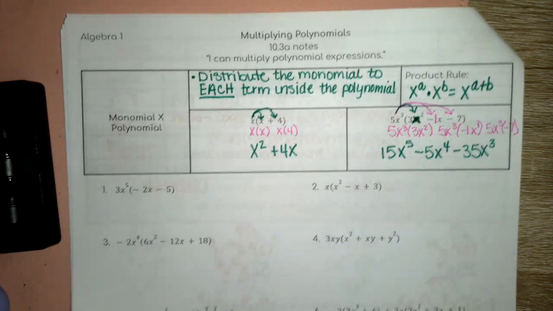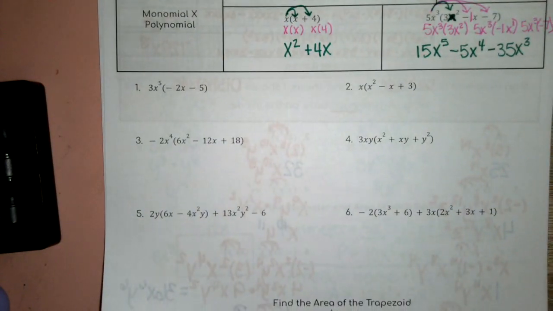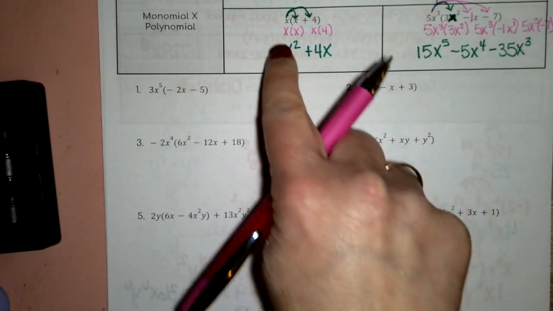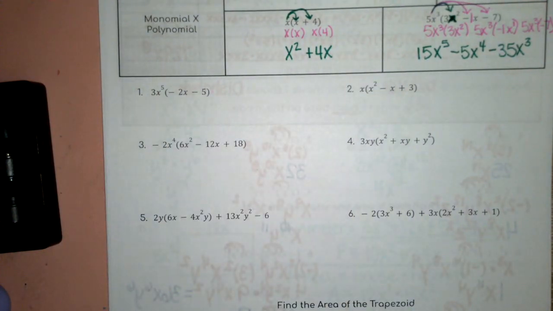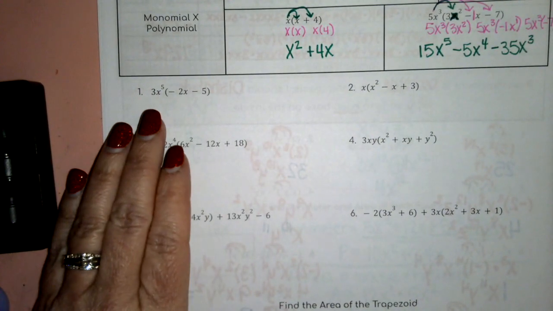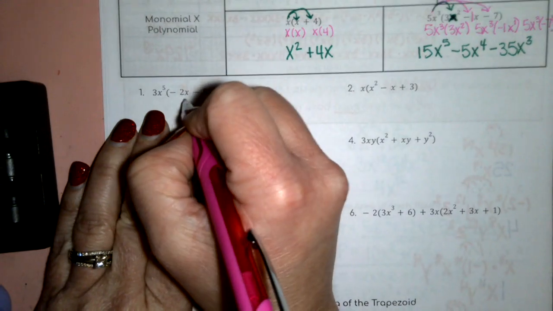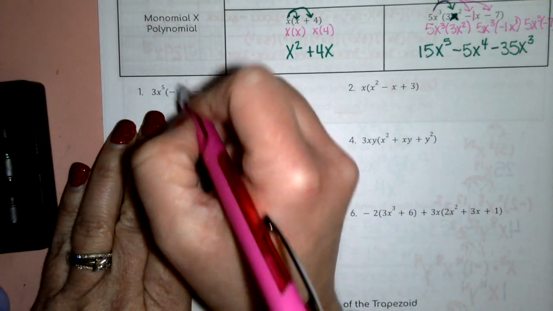Let's go ahead and look at the first problem here. And instead of writing out all of this pink stuff, I'm just going to draw my arrows so you can see that. I've got 3x to the 5th times negative 2x.